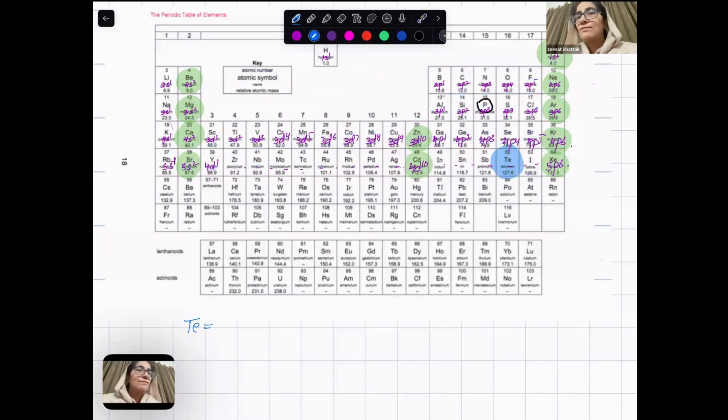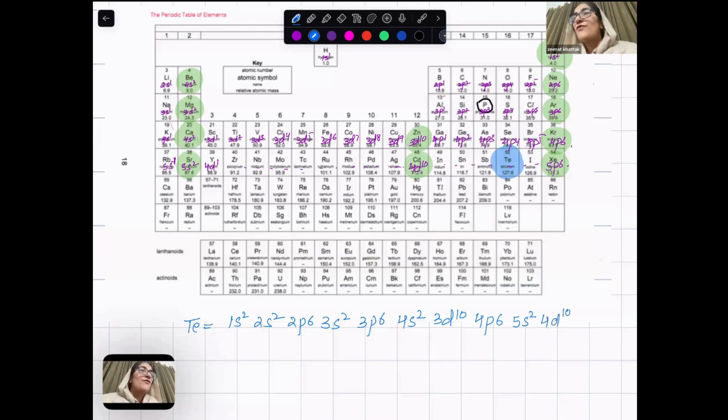So what is the configuration? Again, 1s2, 2s2, 2p6, 3s2, 3p6, and now 4s2 the calcium, 3d10 the zinc, 4p6 krypton, and now 5s2, filled one, 4d10, and after that 5p6, 5p5, 5p4. Now, what is the next step? Arrange.